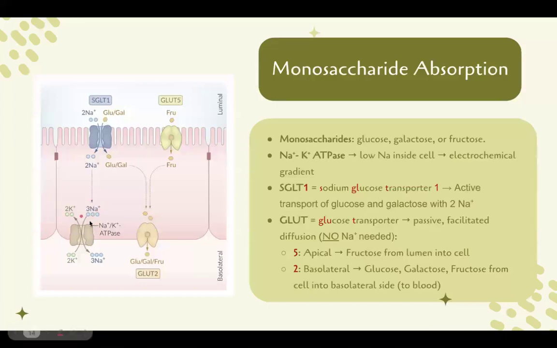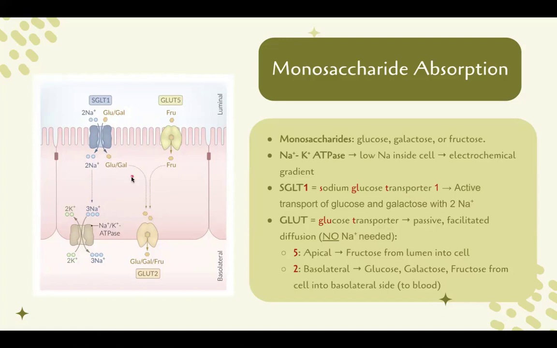Basically, it will send sodium out of the cell and potassium into the cell. We don't need to worry about potassium right now. We're looking at sodium. So it pushes sodium out of the cell in order to remove it from here and have low sodium here so that this can flow down its concentration gradient, okay? And when it does that, it will drag these two with it.